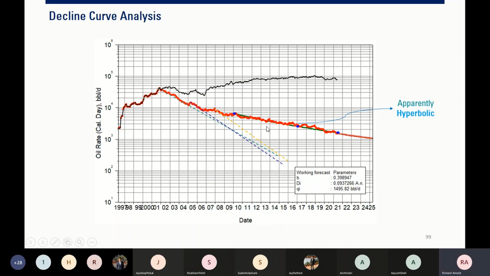And of course, if we forecast this interval exponentially, it will give you lower reserves, lower ultimate recovery, okay? But because you provide water flood for your production, you can achieve lower decline rate and a hyperbolic trend, which will finally give us higher estimated recovery.